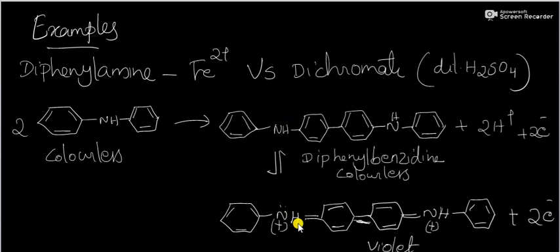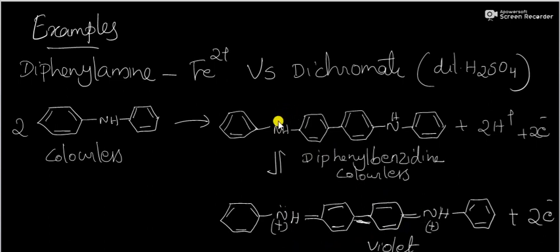This is the proposed mechanism for the color change. This is colorless diphenylamine. 2 moles of diphenylamine dimerize into diphenylbenzidine. This is the structure of diphenylbenzidine, formed by the elimination of 2 moles of H+ and 2 electrons. And this is again colorless, and this benzenoid form is reversible with the quinonoid form.